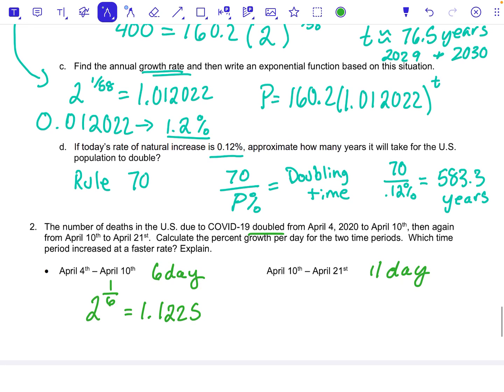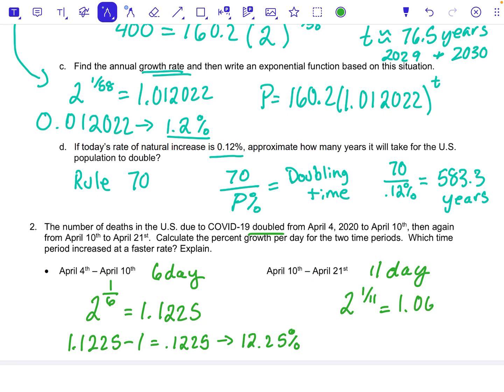If I take 1 away from that, so 1.1225 minus 1, take out the 100%, that would tell me that the number of deaths was increasing by about 12% each day. That's pretty high. Versus over the 11-day period, that would be 2 to the 1/11th power. And I get a growth factor of 1.065, which is about a 6.5% increase every day. I should be writing out increase on these.